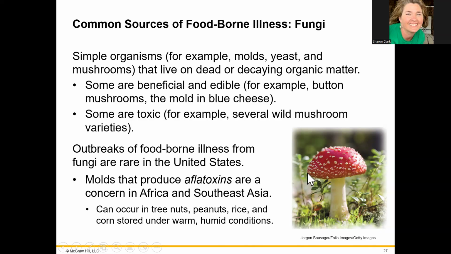Amanita, I think. I'd have to look up the name. Usually, the prettier the mushroom, the more toxic it is. Don't take my word on that though, because I am not trained in the different types of mushrooms. Just beware of any wild mushroom unless you're specifically trained in that, because foodborne illness outbreaks can occur.